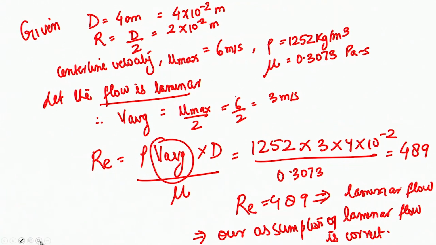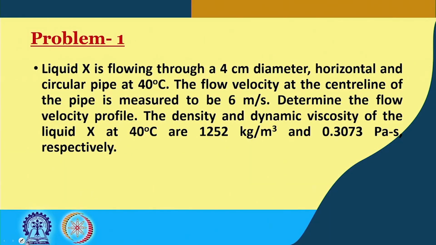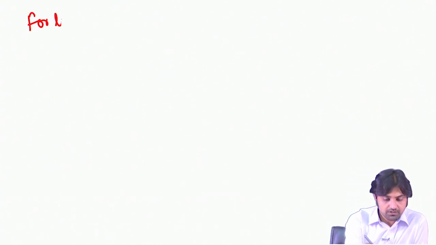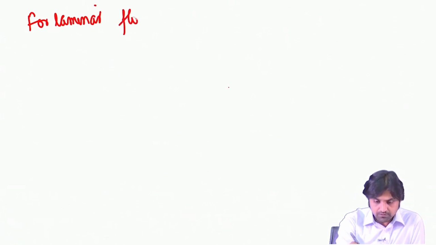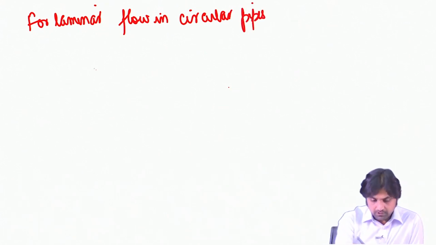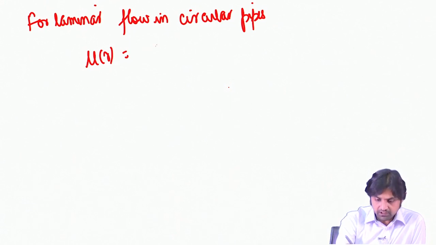so we will go to another page. So we will go to the white screen again. Okay, so we say for laminar flow in circular pipes, u of r is written as minus R square by 4 mu dp dx into 1 minus r square by R square.